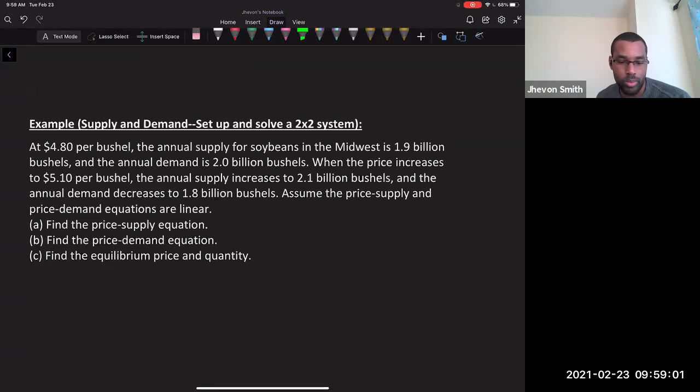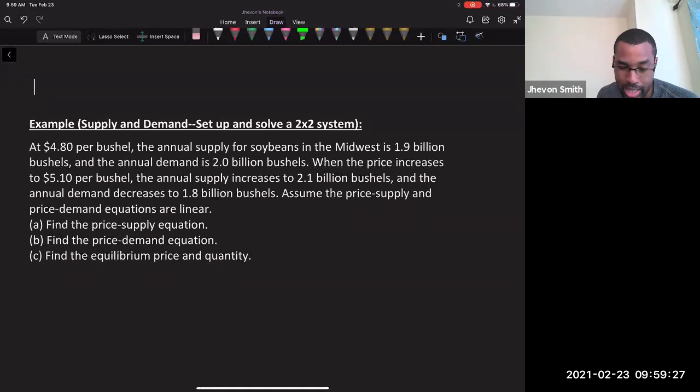Supply is, of course, the number of products that a producer is willing to produce at a certain price. And the demand is the number of products that the consumers are demanding, or what the consumers would buy at a certain price, right? At $4.80 per bushel, the annual supply of soybeans is 1.9 billion bushels.